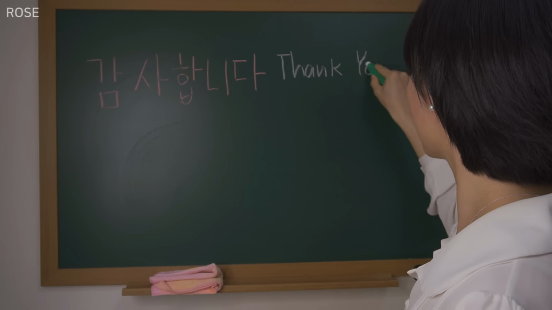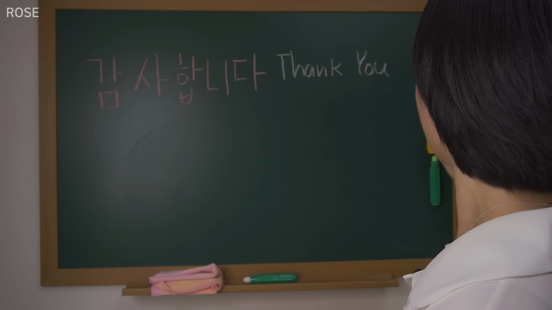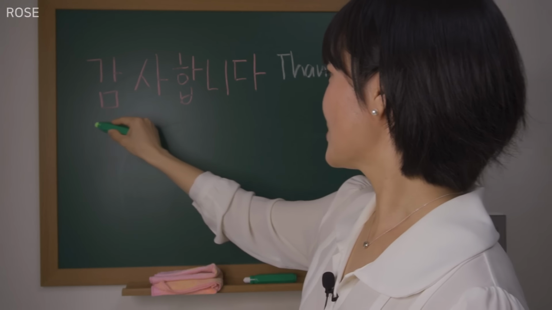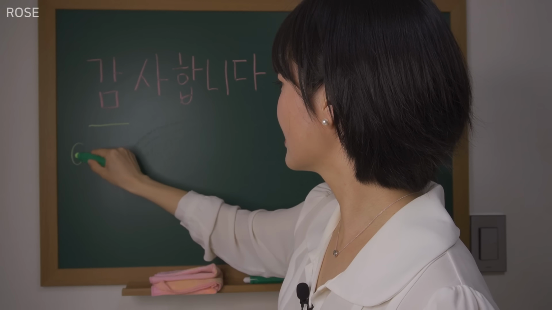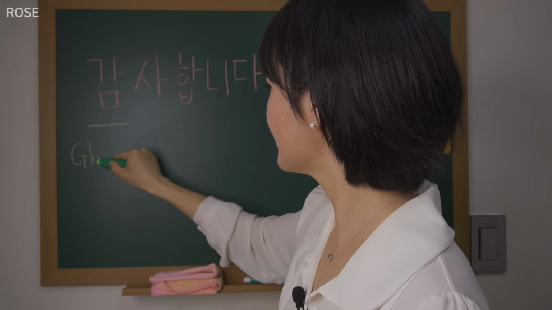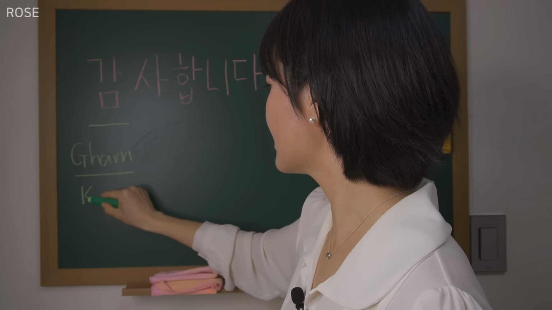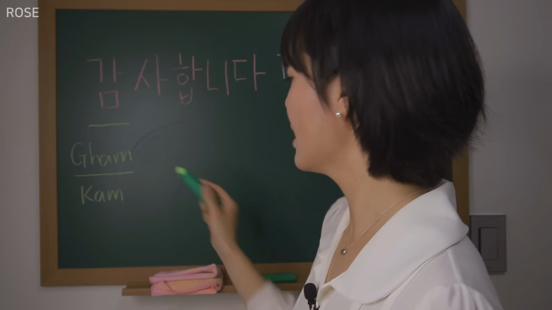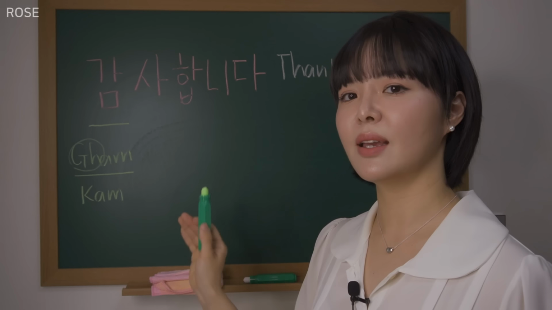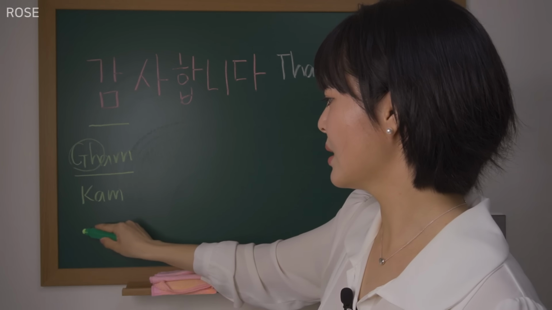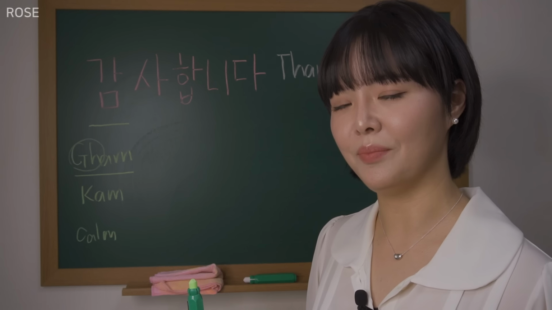Thank you. Right? Let's break it down one by one. So we go, 감. We would write this as 'come', but I just want to write it as GH because it's not 'come'.